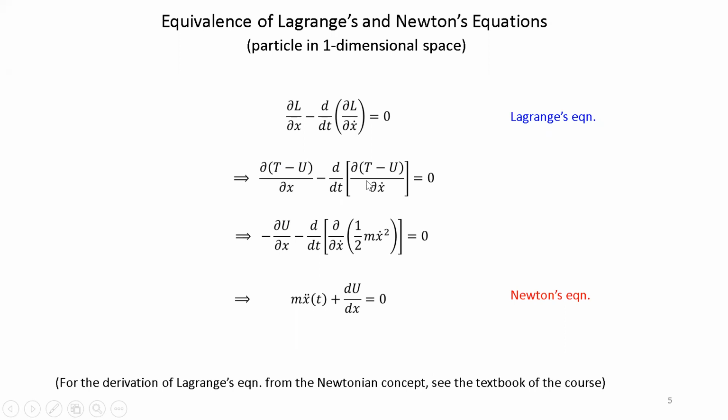On the other hand, for the second term, T minus U, we are taking the derivative with respect to x dot. The potential energy that we are mostly talking about would be just a function of position only. It is not a function of velocity.